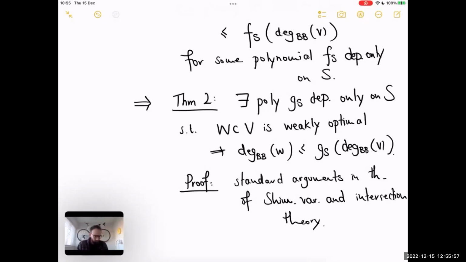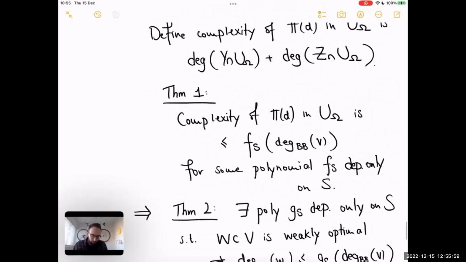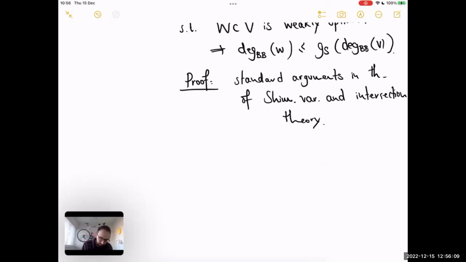It's really the proof of theorem 1 that uses, let's say, differential algebraic geometry. So I just want to talk quickly about the idea behind theorem 1.